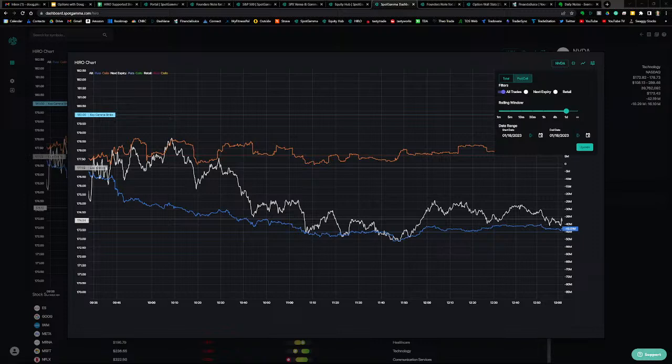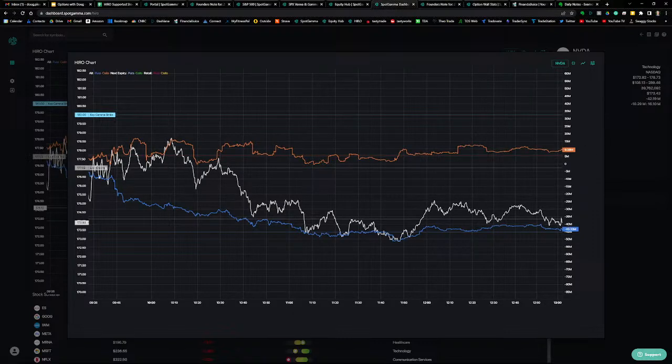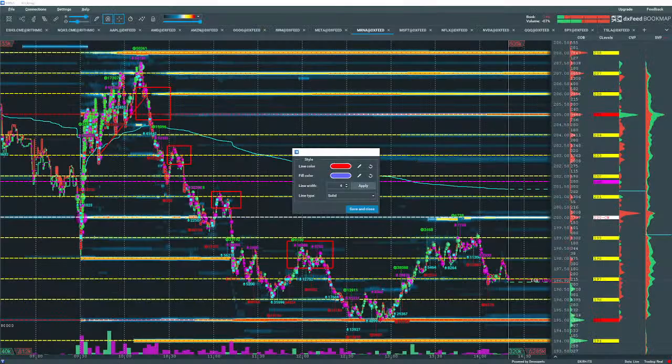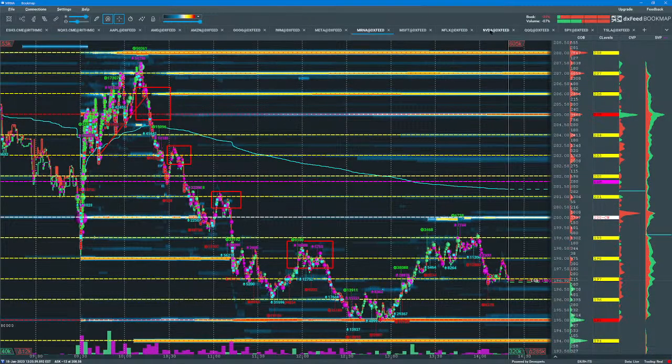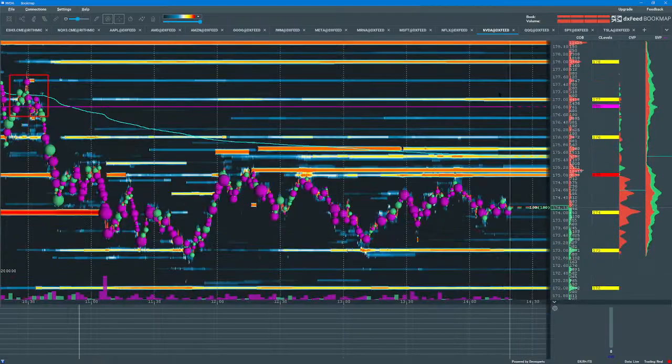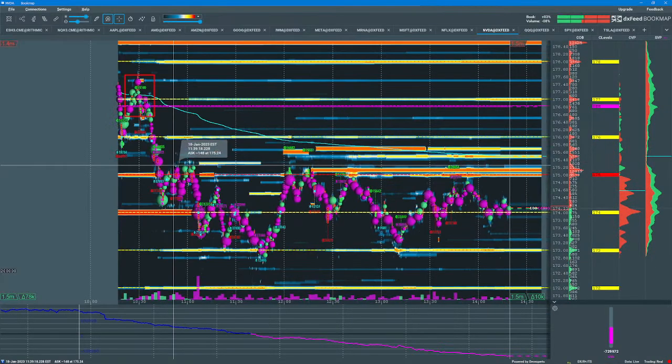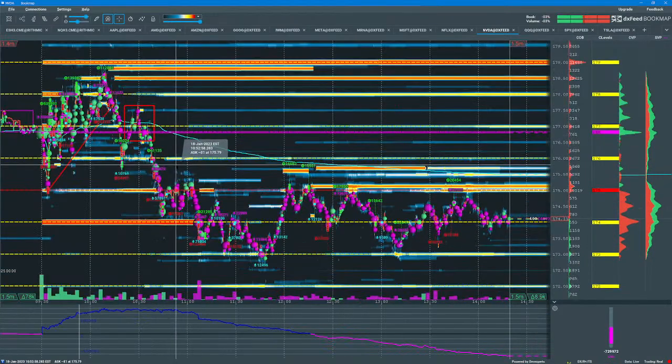Okay, so this is the NVIDIA setup. Let's go take a look at the order flow in Bookmap. And pretty similar to a lot of the other stocks.